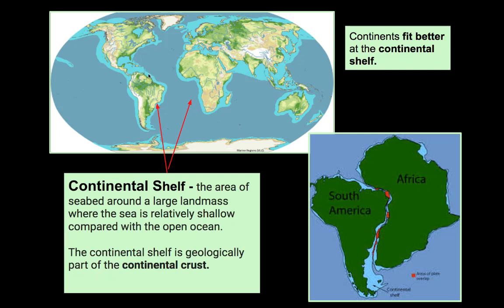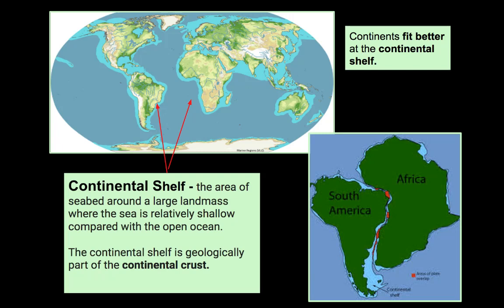So if we take a look at this map in the upper left-hand corner of the screen, you'll see around the continents this light blue area. That light blue area is actually showing the different continental shelves that surround the continents. So boys and girls, when we live on continental crust, the continental crust actually extends further out into the ocean and is covered by the ocean.